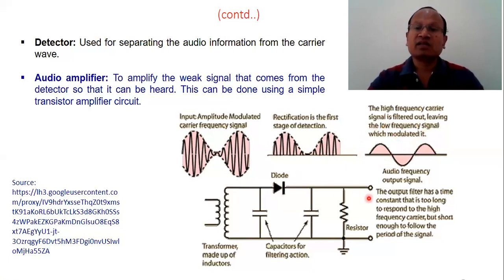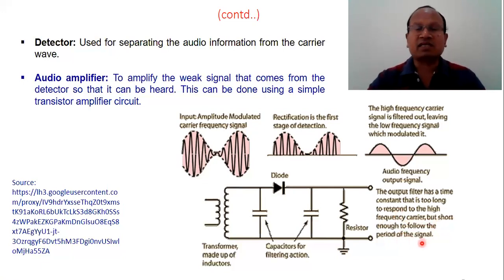Okay, this part. The output filter has a time constant. This is very important in this demodulator, which we discussed earlier while talking about the time constant, that is the multiplication of the resistance and capacitance used in this circuit. The time constant is too long to respond to the high frequency carrier, but small enough to follow the period of the signal.